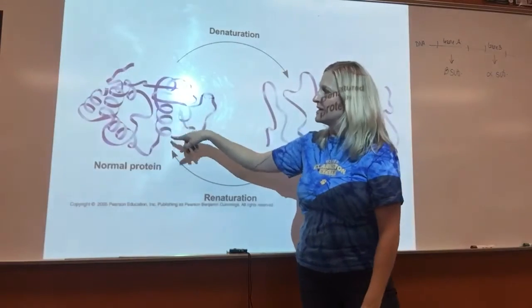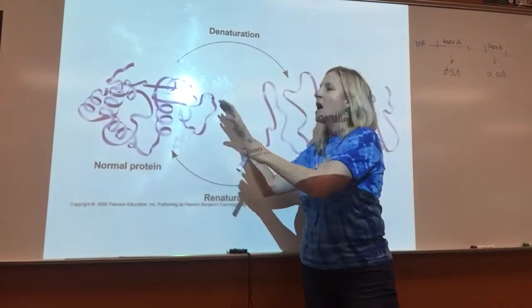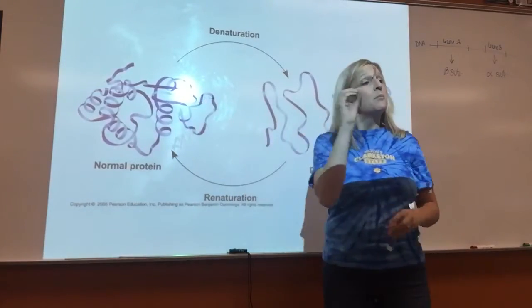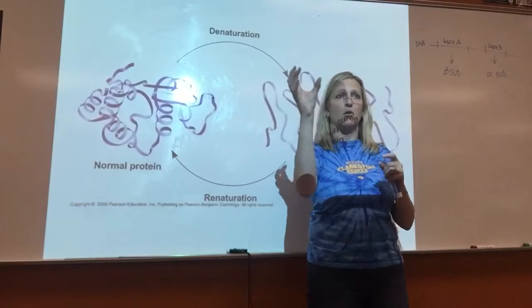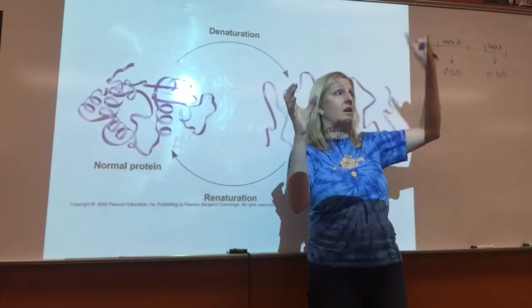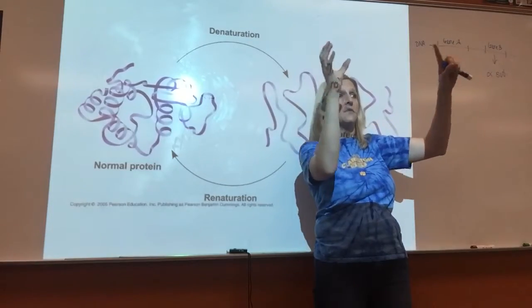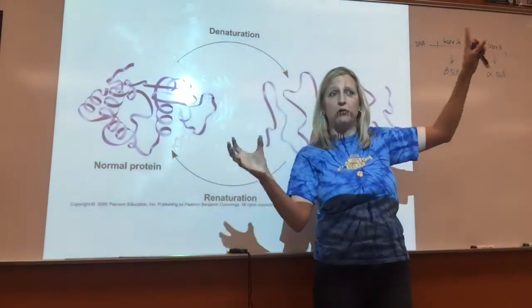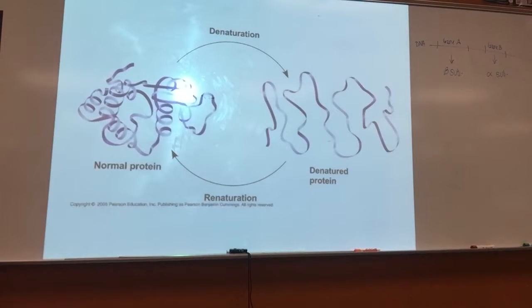Low temperature doesn't denature the protein, because low temperature just slows the molecules down. But it will slow the reactions down, because if the enzyme is moving slower and it's supposed to cause a reaction with molecule A over here, the likelihood that the enzyme is going to collide with molecule A goes down when the temperature goes down, but it doesn't denature the protein.